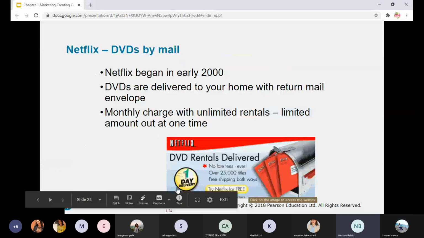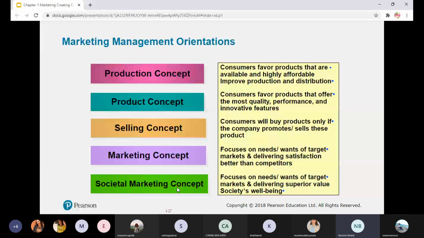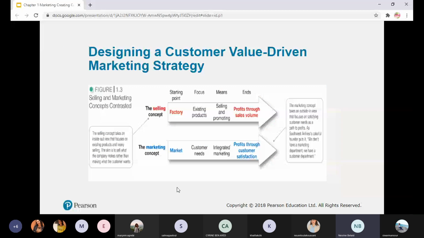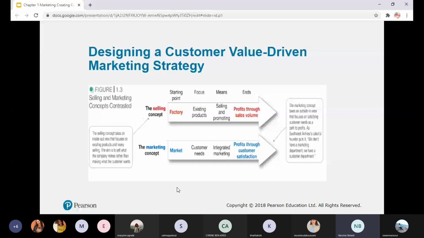We talked about production concept, product concept, selling concept, marketing concept, and societal marketing concept. Here, I ask you to read it slowly to try to understand what is production, product concept, and so on. Designing a customer value driven marketing strategy. That's what we did last time. So we stopped here, I guess.